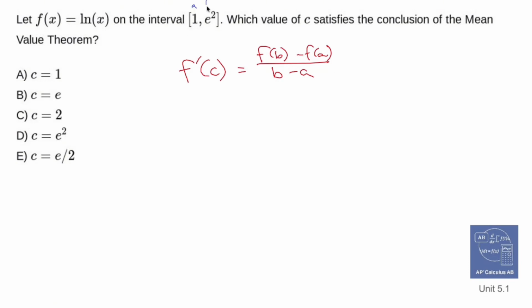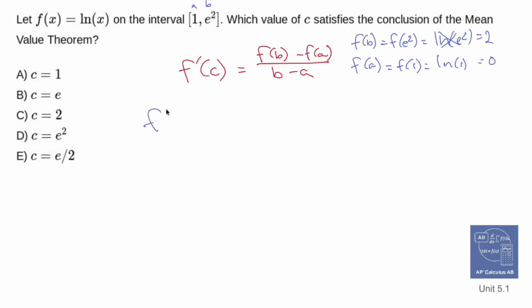We'll call you A, we'll call you B. So f of B is going to be f of e squared. So ln of e squared, ln of e cancels each other out, nice little 2 drops down. f of A is going to be f of 1, which is ln of 1, which is 0.